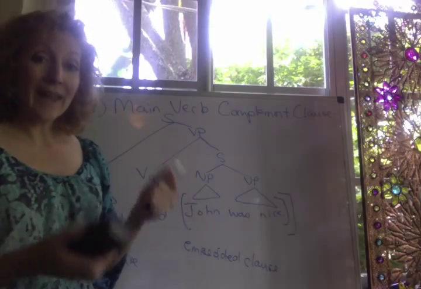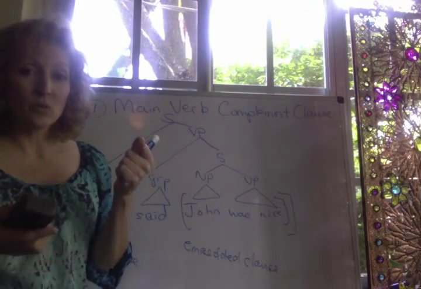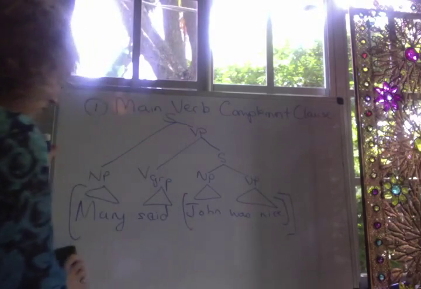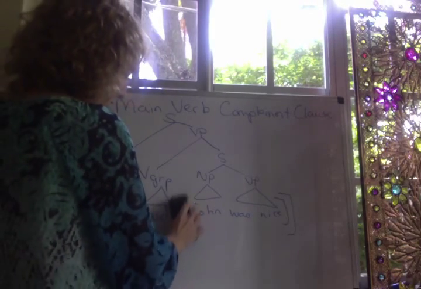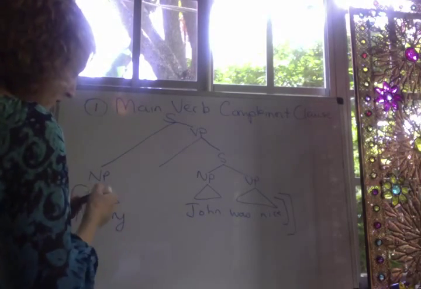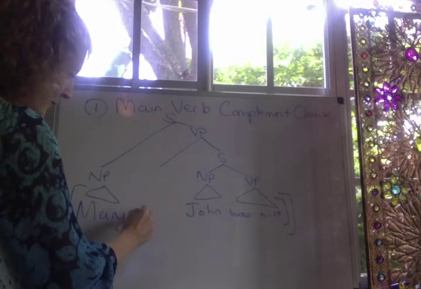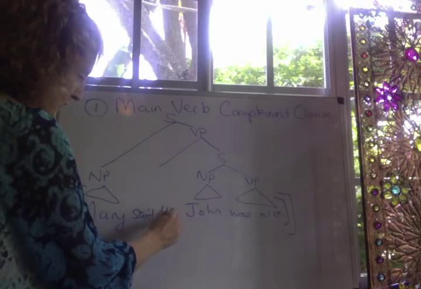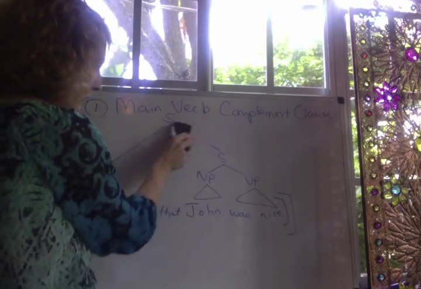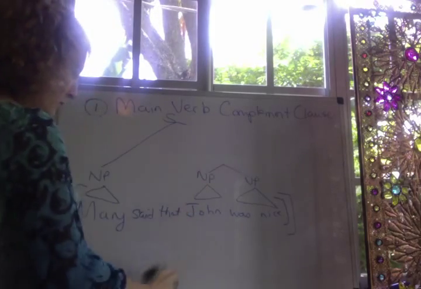But since we can have it, we want to know what do we do with it when we do have it. So we want to just add Mary said that John was nice. And we don't know what we're going to do with the structure of this stuff up here.